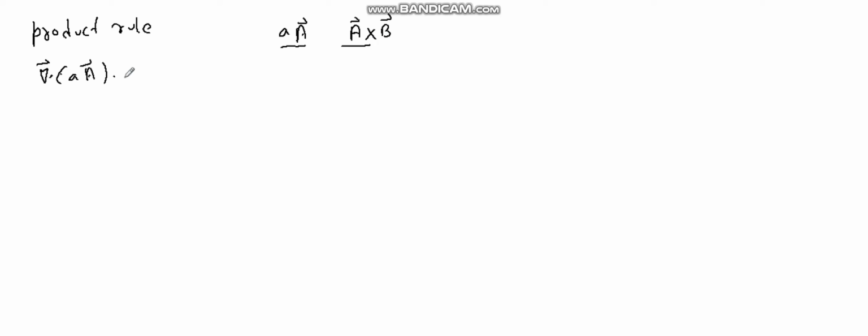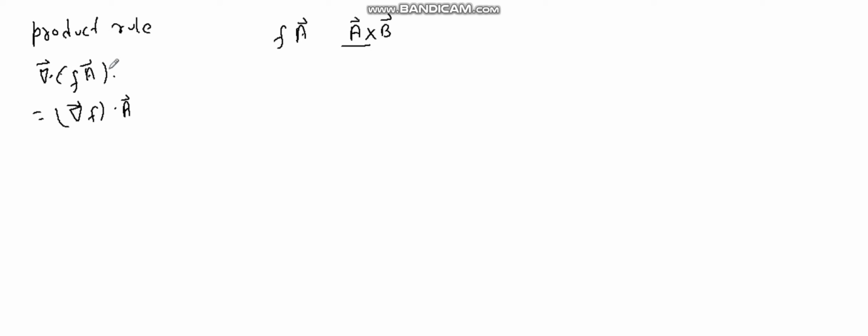Okay, but actually this a is not a constant, so instead of a it is better to write it as f a. f is of course a variable, but it is a scalar quantity. So it is going to equal del of f dot a.